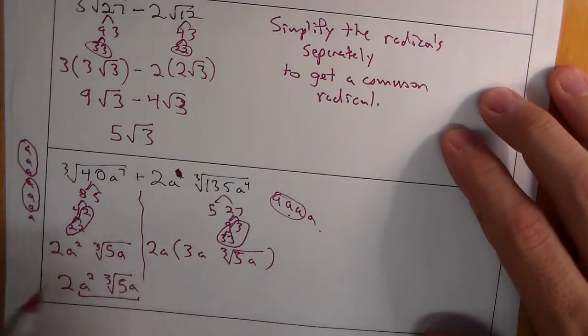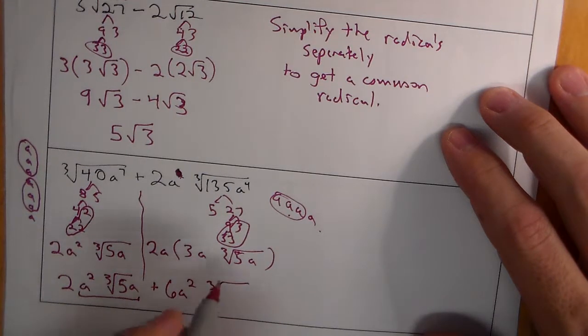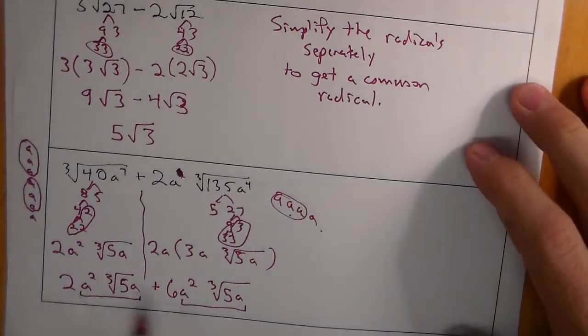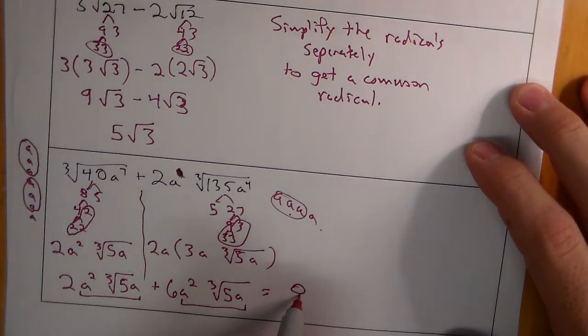So now I have, it's addition, 6a squared cube root of 5a. They match, that's good, I can combine them. 2 plus 6 gives me 8 a squared cube root of 5a.